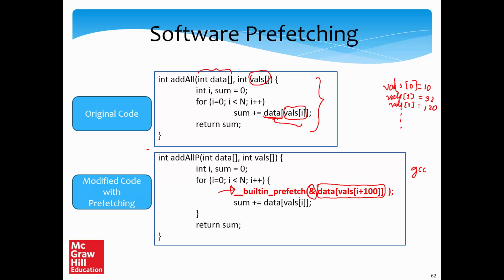This instruction, of course, is an extra instruction, so the performance penalty is there. But hopefully, by prefetching data in advance, when we actually access the data later, we'll find it at the upper levels of the memory hierarchy, and the miss penalty or the memory access time will be much lower.